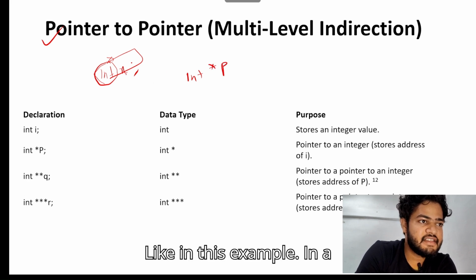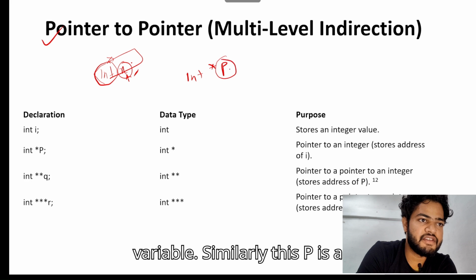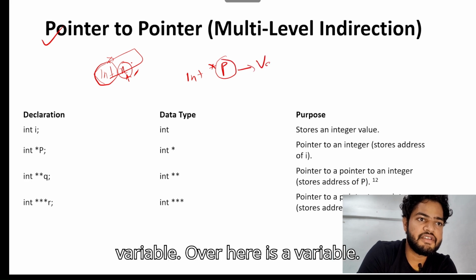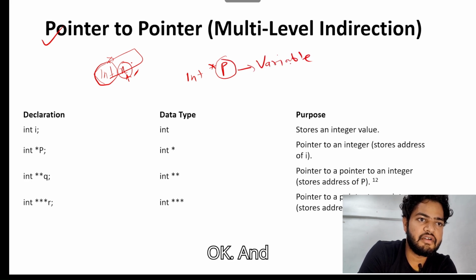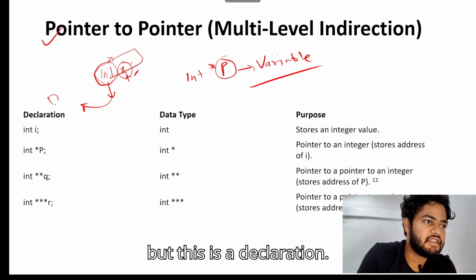Like in the previous example, this x is a variable. Similarly, this p is a variable over here. P is a variable, and this integer is a declaration part.